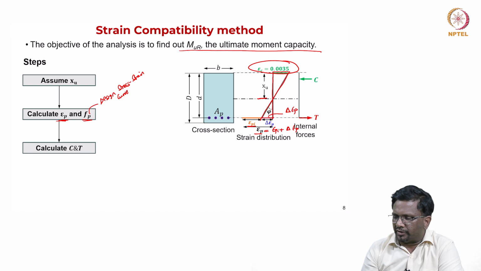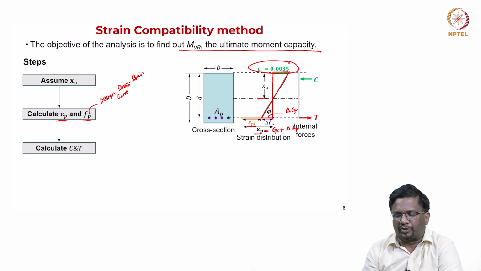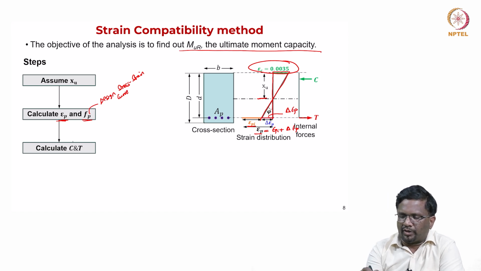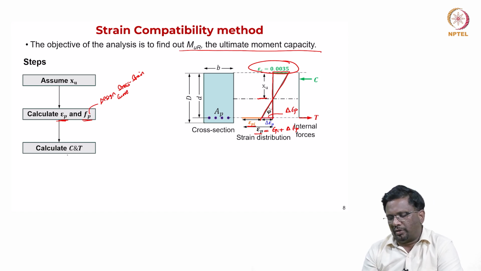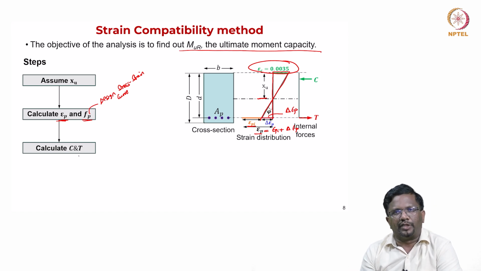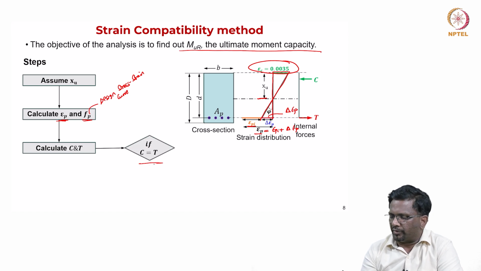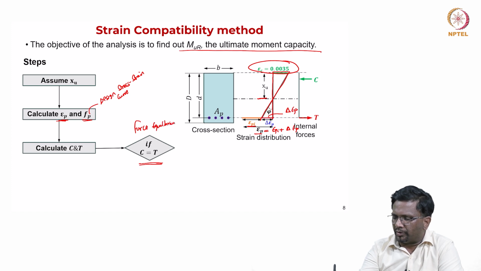Now, once the stress is found, we can calculate the concrete contribution in compression and the steel contribution in tension. Now, we have to make sure that for the assumed XU, C is equal to T. If it is not, then we have to either decrease or increase the XU, right. So, this is what we are going to check. This is for the force equilibrium condition, because you can never violate equilibrium. So, we have to ensure that at the section equilibrium is satisfied.